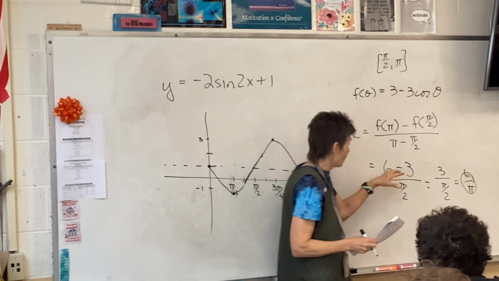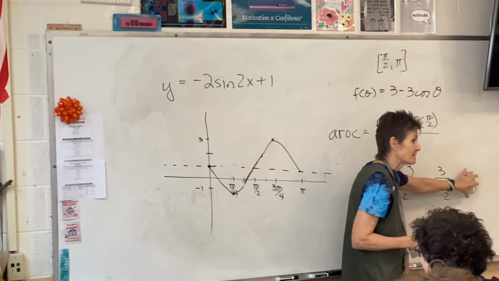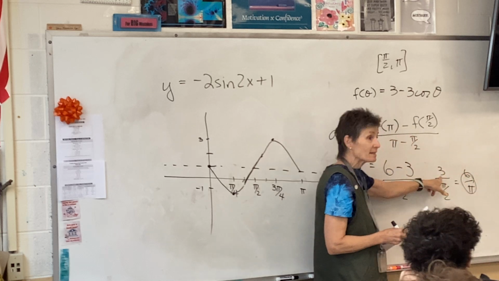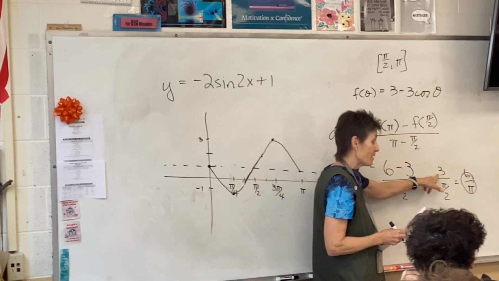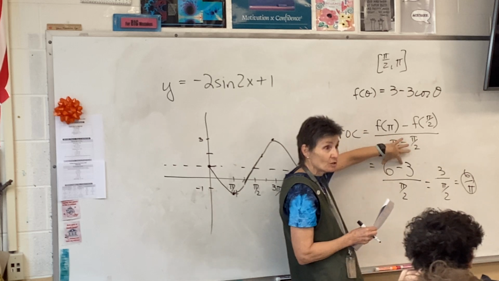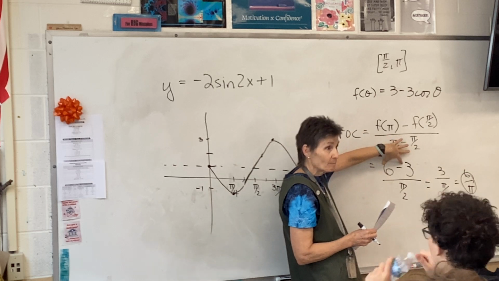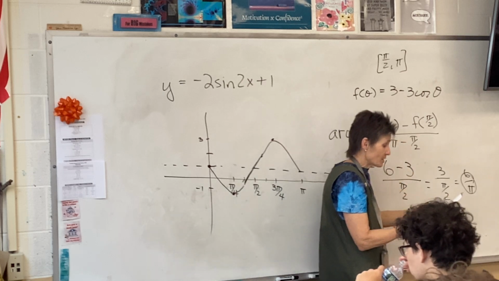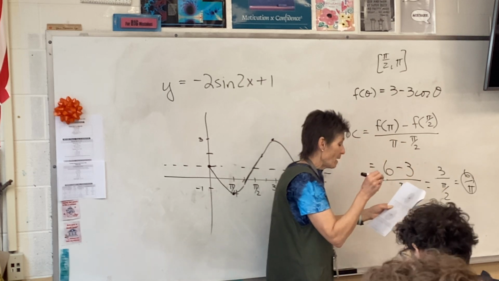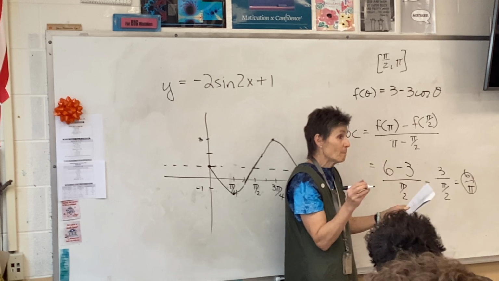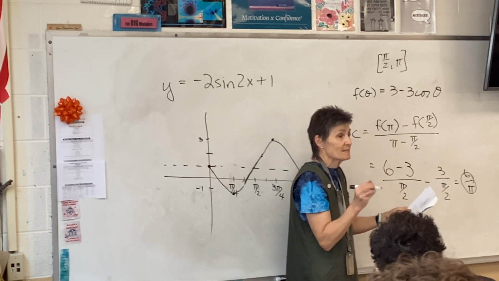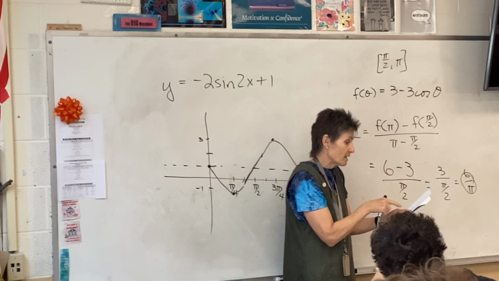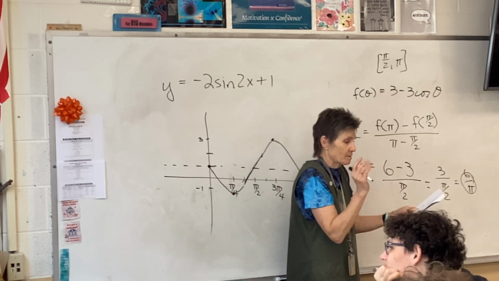The only way for this to come out to be 0 is for that to be 0. And the only way that can be 0 is if these two are the same, right? So in other words, f of pi over 4 and f of 3 pi over 4 would have to be the same value. I'm looking at answer A, just for fun.